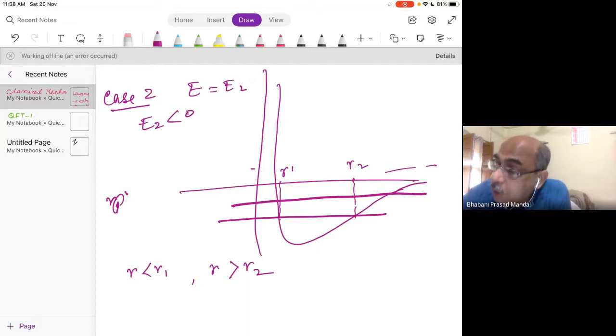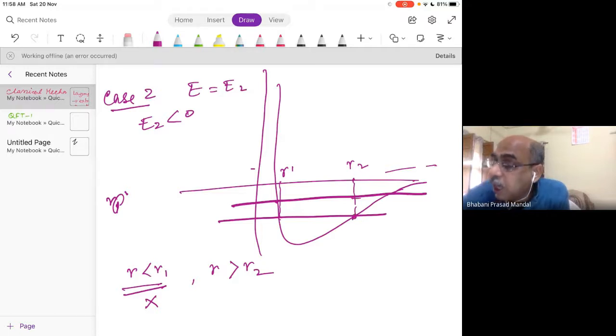At this point the potential energy is the same as the total energy. But if the particle comes to the left, then the potential energy is more, so kinetic energy has to be negative. So the particle is not allowed. This is forbidden.